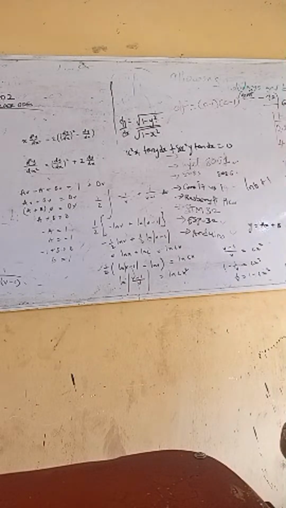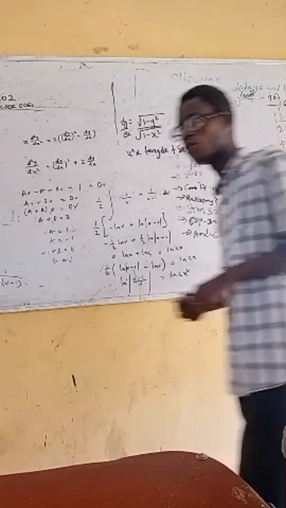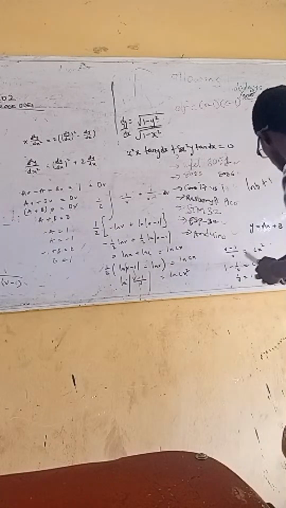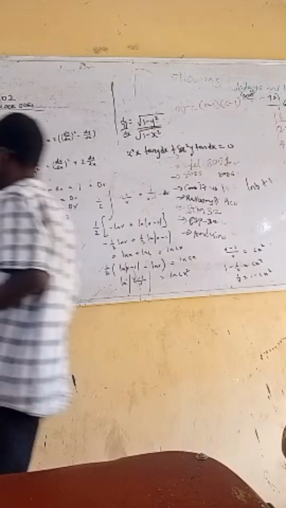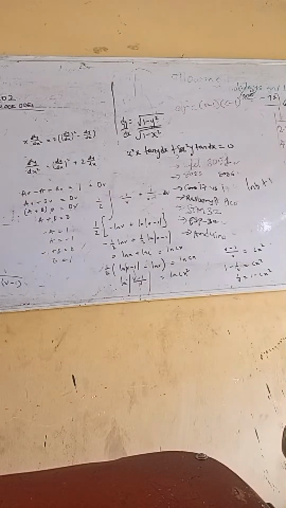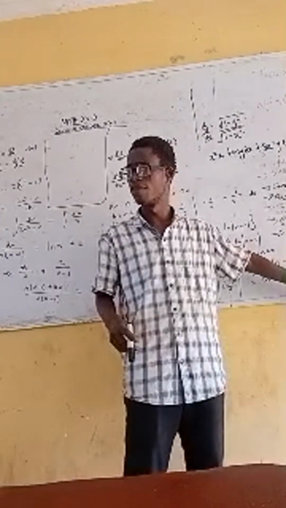What was my v? v equals y over x. You are not done. Do you understand how I got to this 1 over v?